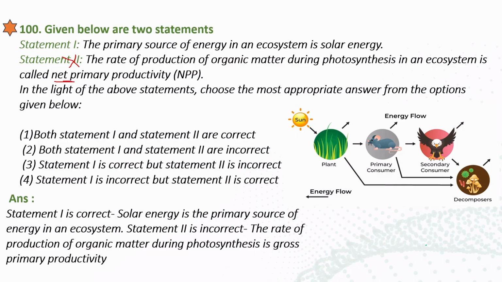Okay, normally the rate of production of organic matter from the photosynthesis in an ecosystem is known as gross primary productivity. I have given it here. Yeah, see. Okay, so gross primary productivity, that's why it is not net primary productivity. This is wrong. So here, what is the right option? The statement 1 is correct, but the statement 2 is incorrect.